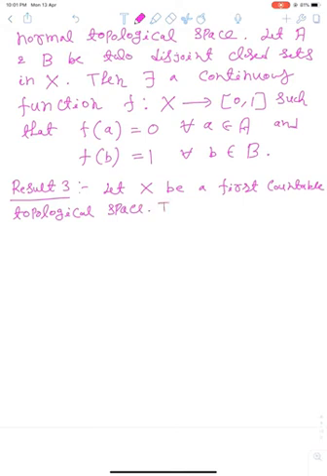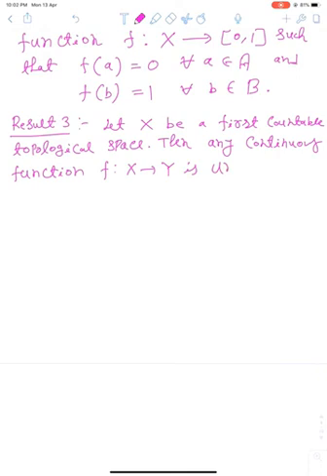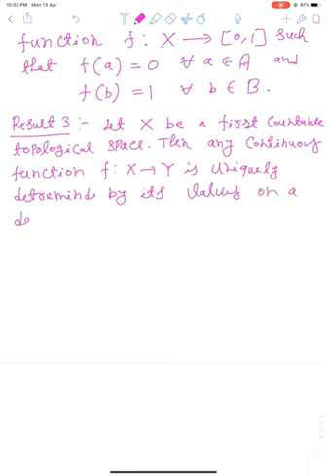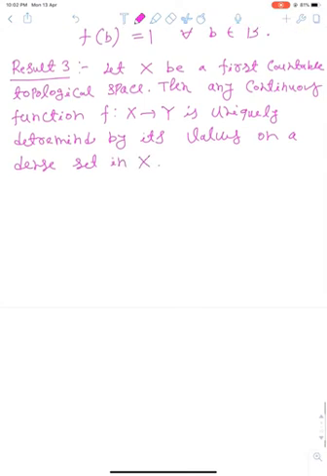Then any continuous function f from X to Y is uniquely determined by its values on a dense set in X.